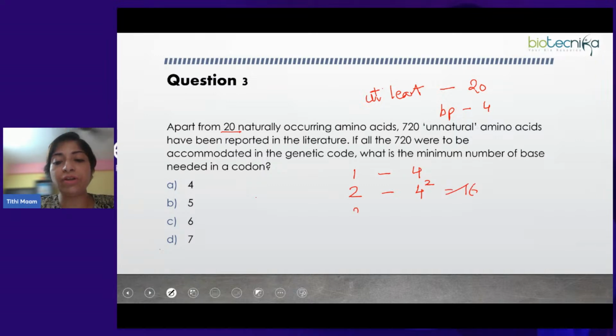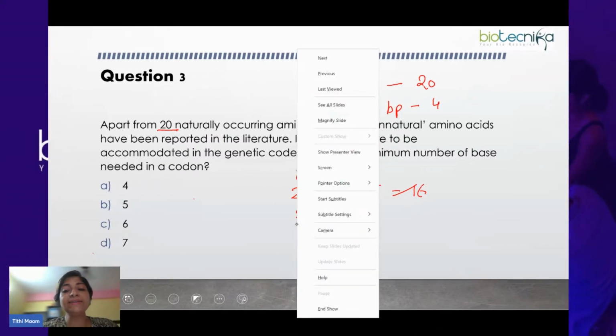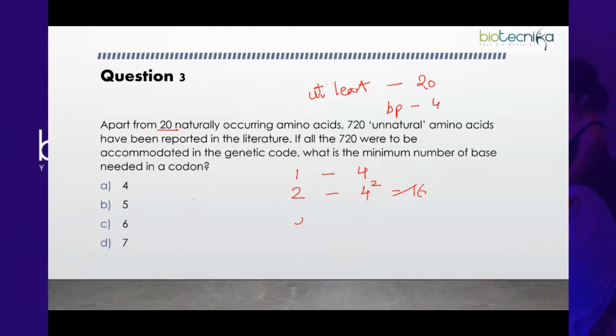But when they come in a group of three, that is the only time it is possible: 4 to the power 3 unique combinations, so 4 to the power 3 equals 64. That is how the scientists found out that in a codon there are three nucleotides present together, because 64 is greater than 20, so at least 20 unique combinations are possible here.